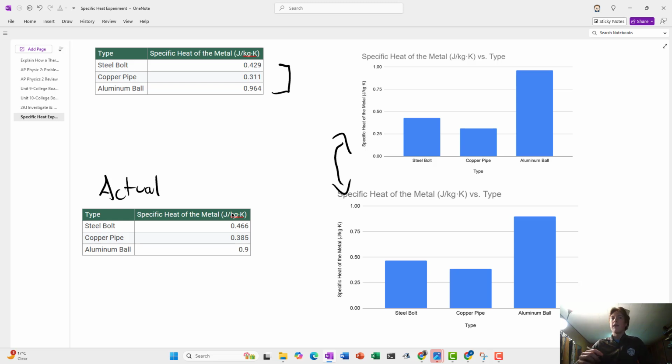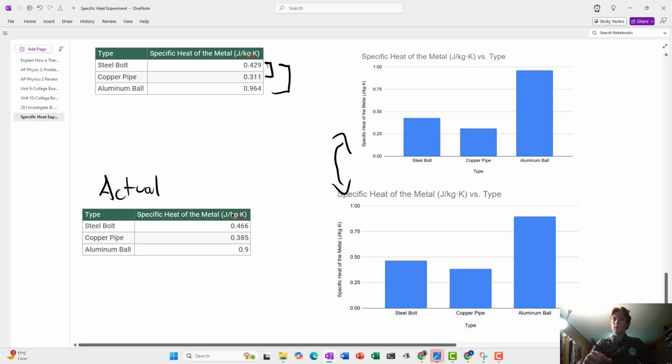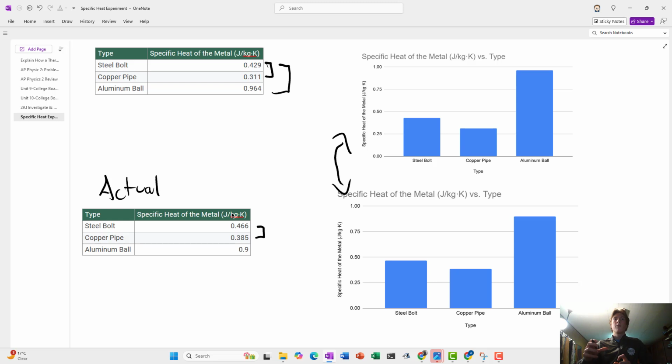If we dive into this a little bit more, you might wonder, hey, the copper pipe and the steel bolt here are a little bit of a lower guess to these two. I had the same thought, and basically I was thinking maybe when we take out the metal, the metal is exposed to some of the air, and then maybe some of the heat energy is given out there.